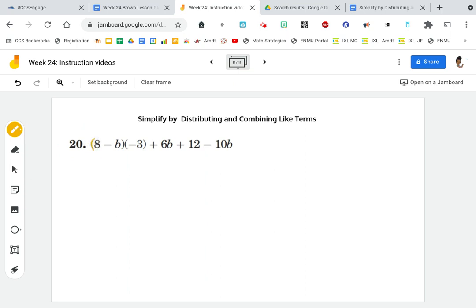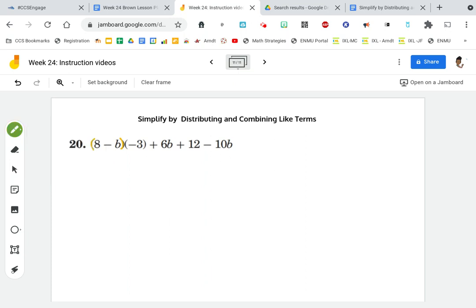So here in this problem, we really need to understand what our parentheses mean. Why are the parentheses there? These parentheses, the first set, are there to contain that 8 minus b together. The second set of parentheses serves two purposes.